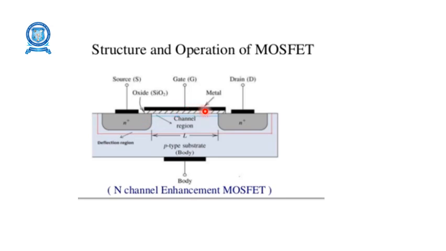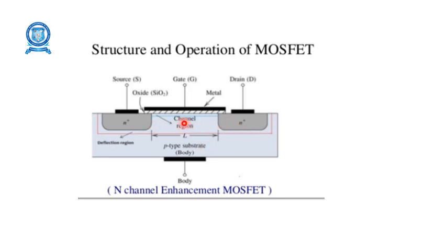Then the oxide thickness, that is silicon dioxide material. Then one metal layer is the gate. Then it is the body. These are all four terminals in the metal oxide semiconductor: source, gate, drain, and substrate.